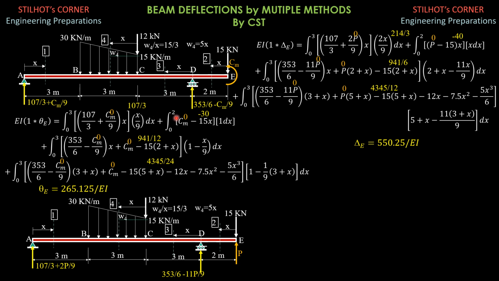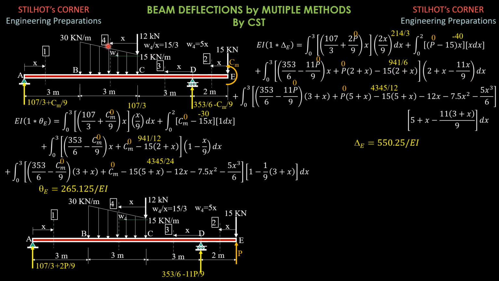Then at section 3, we have integral 0 to 3 of quantity 353 over 6 minus 11P over 9 times x, then plus P times 2 plus x minus 15 times quantity 2 plus x. Then the derivative with respect to P is 2 plus x minus 11x over 9. Setting P 0 prior to integration and evaluating the integral, it is 941 over 6.